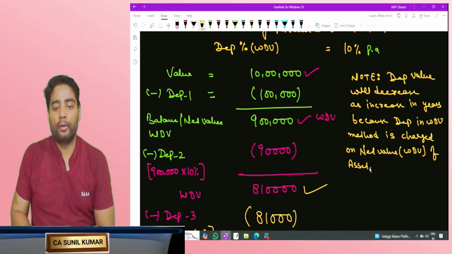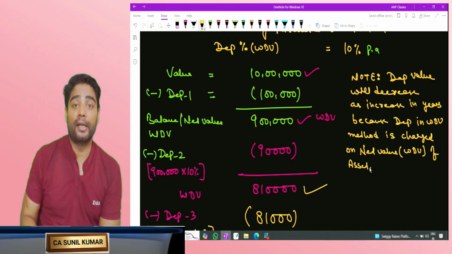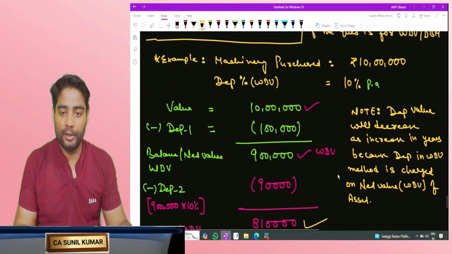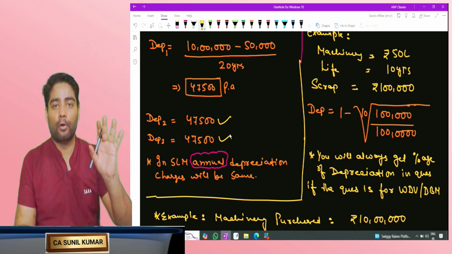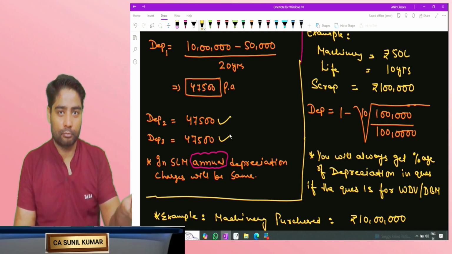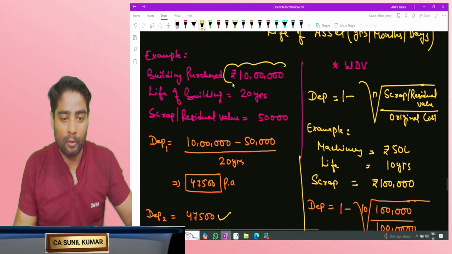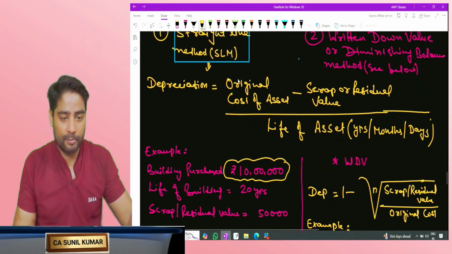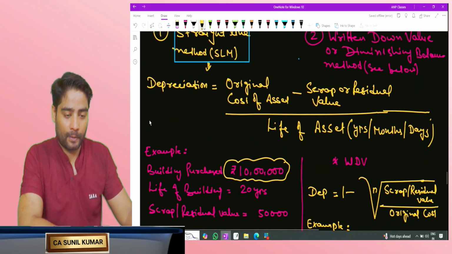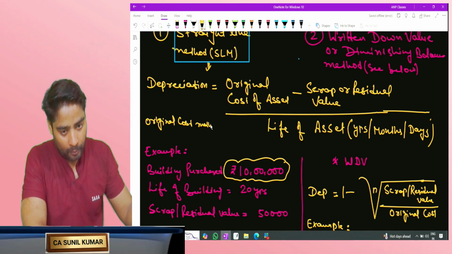Okay, so in the WDV method depreciation will be decreasing, but in the straight line method I always get the same depreciation for all years, because the depreciation is calculated on original cost. That's why this method is also called the original cost method.